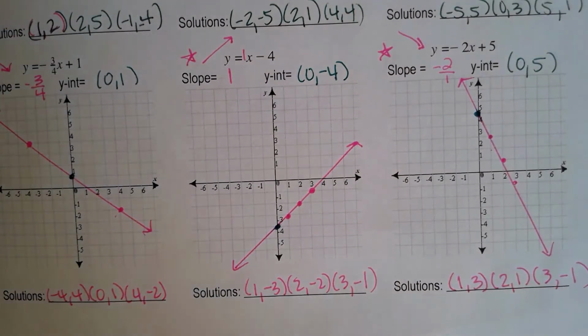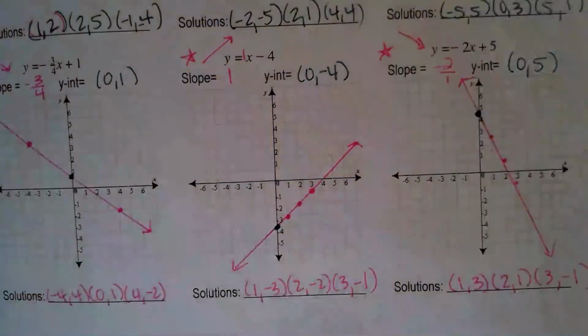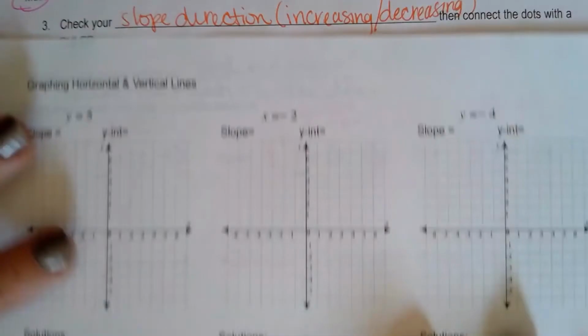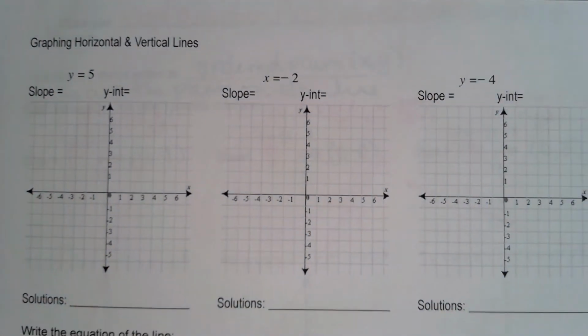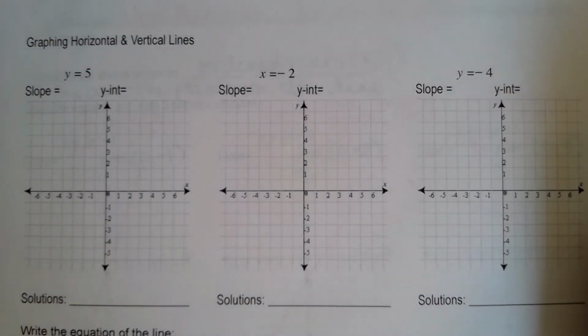Okay, so that is graphing from slope-intercept form. So what we're going to take a real quick look at, these are super easy, but just graphing horizontal and vertical lines. This is also our zero slope and undefined slope.